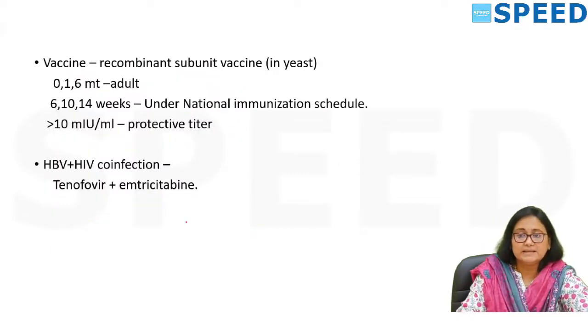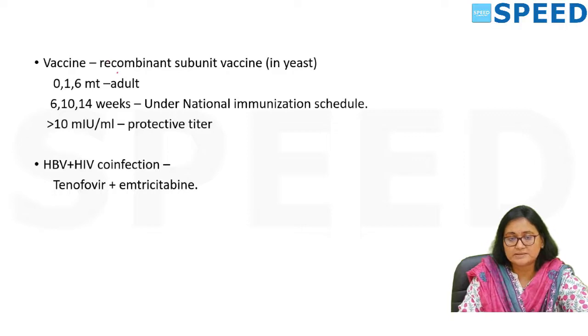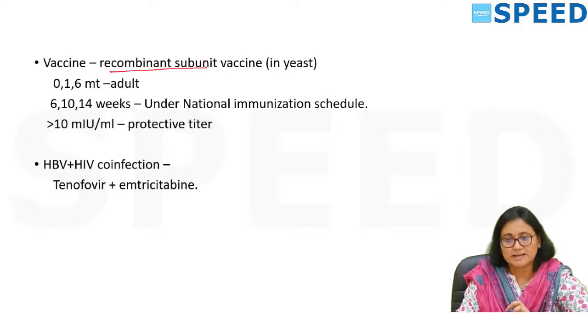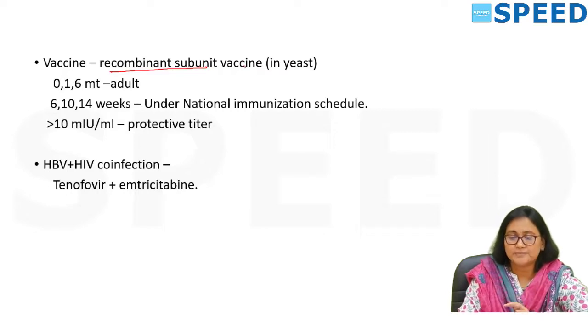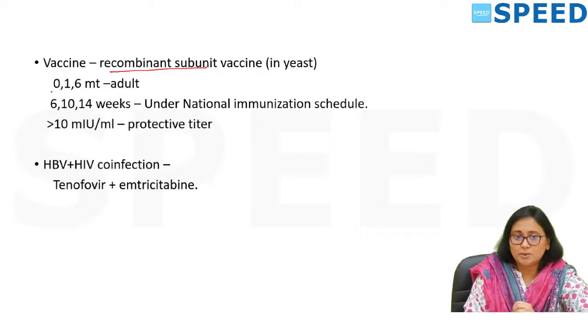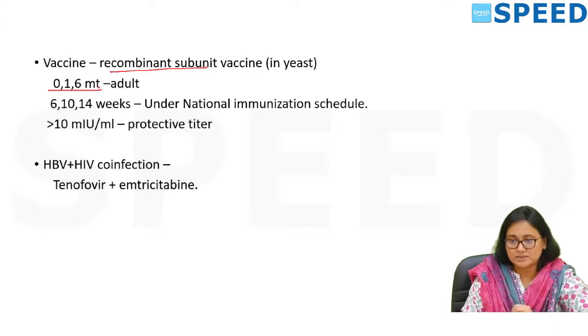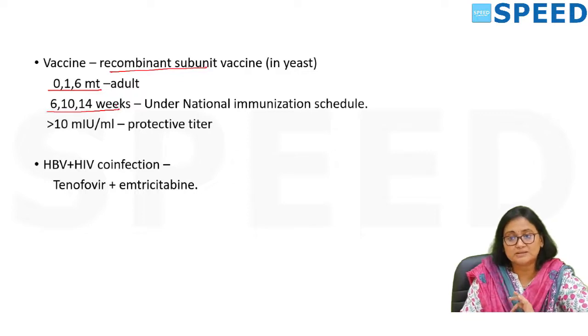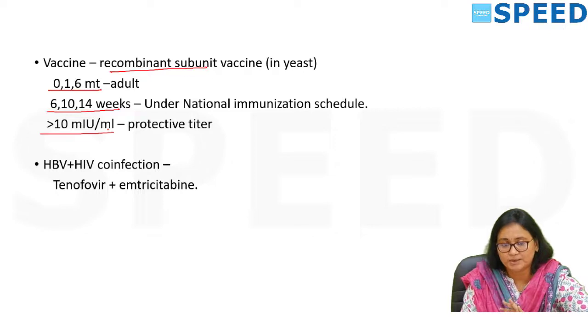What is the vaccine we use for hepatitis? So vaccine is recombinant subunit vaccine, which we grow in Saccharomyces in the yeast. The adult dose is 0, 1, 6 month, and under national immunization schedule, if you see, it is 6, 10, 14 week, and protective titer is 10 milli-international unit per ml. Okay.